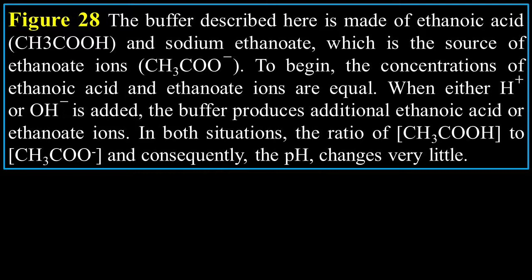When neither H plus or OH minus is added, the buffer produces additional ethanoic acid or acetate ions. In both situations, the ratio of acetic acid concentration to acetate concentration, and consequently the pH, changes very little.